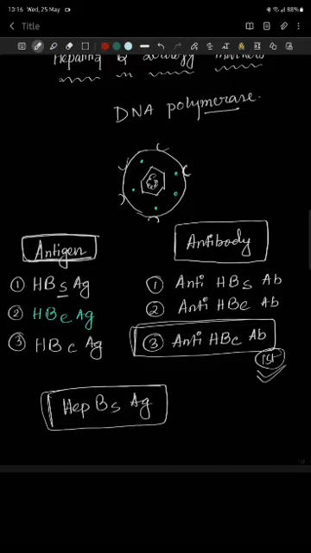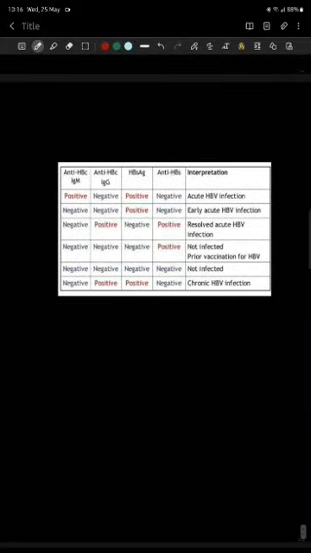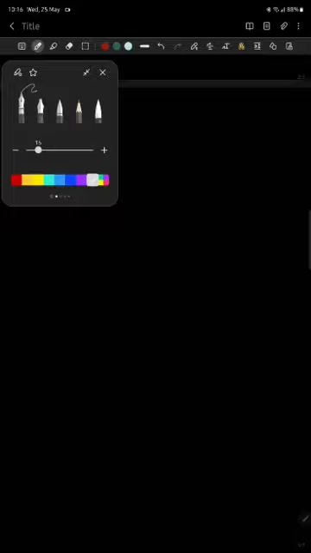The role of the E antigen is that it is present in blood when there is viral replication. The significance of hepatitis B E antigen is replication.